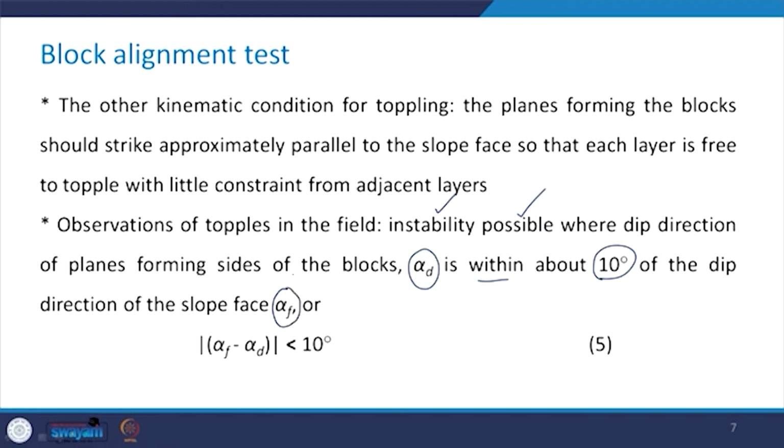You remember we represent the dip by psi and the dip direction by alpha, so we follow the same notation convention here. This condition can be written mathematically as equation number 5: mod of alpha f minus alpha d must be less than 10 degrees.